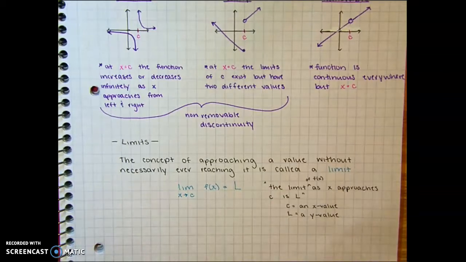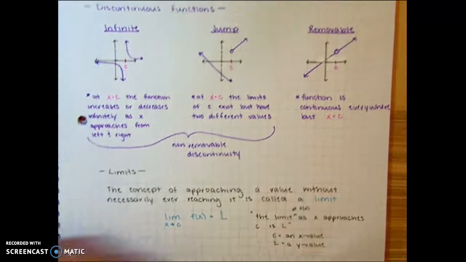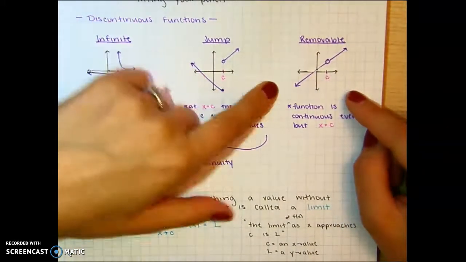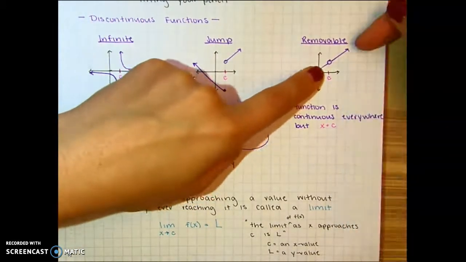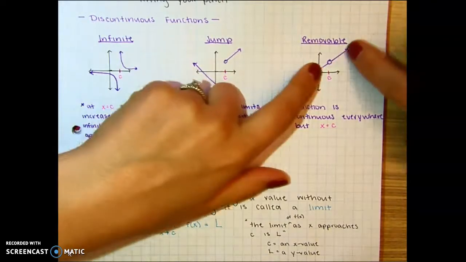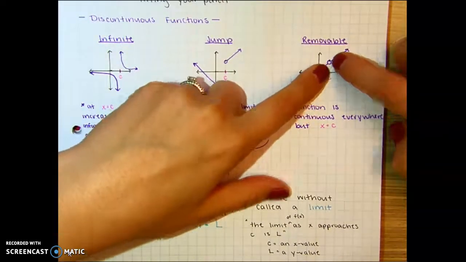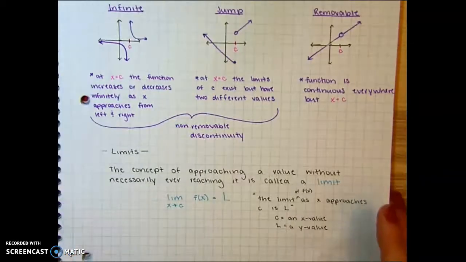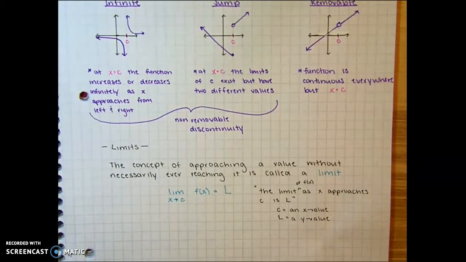So the concept is like for removable discontinuity. C doesn't exist, but as you approach from the left and you approach from the right, it's getting really, really close to what y value. Okay. All right. So that's the idea.